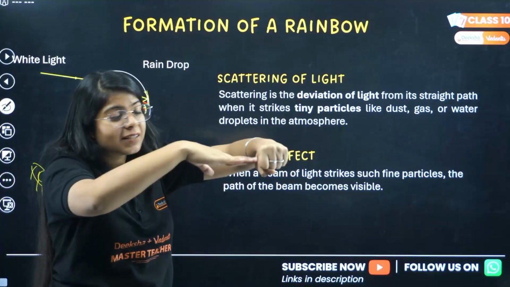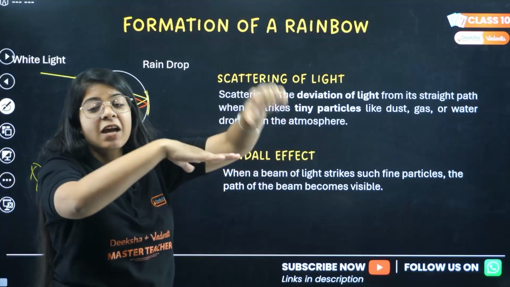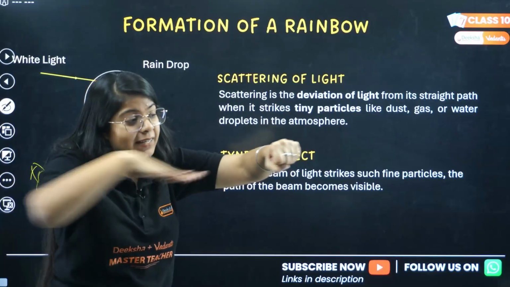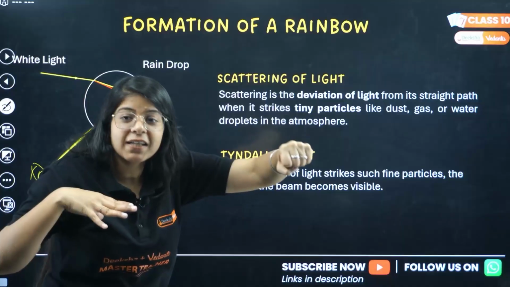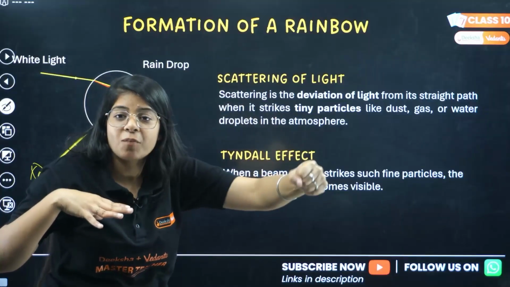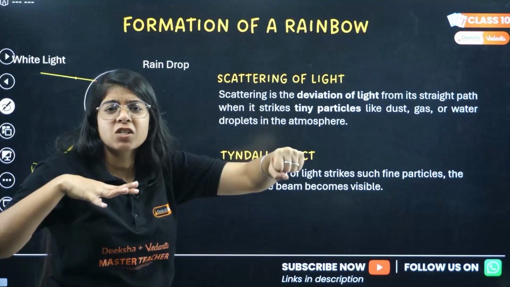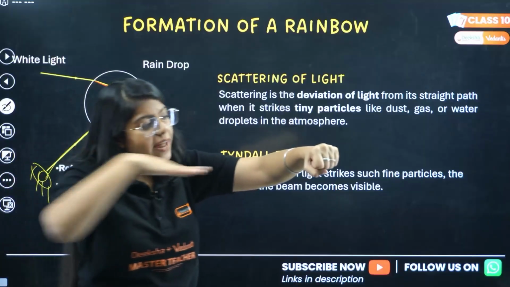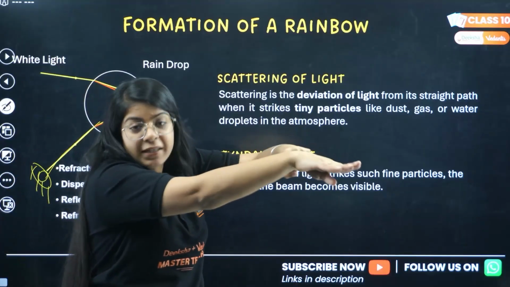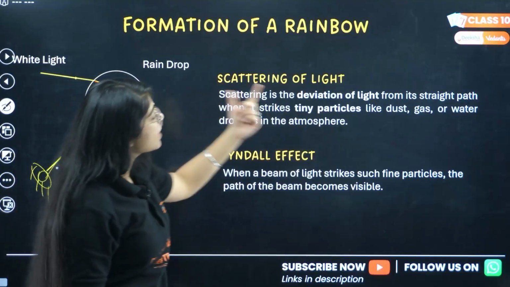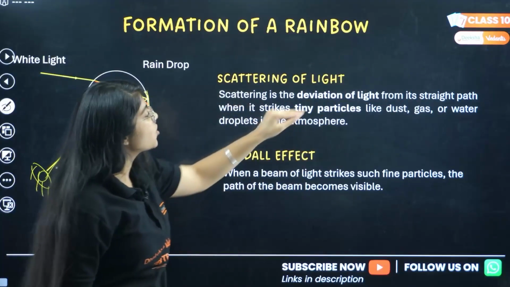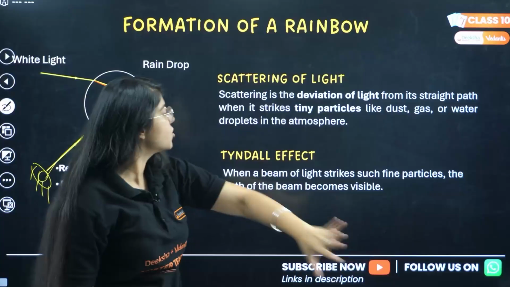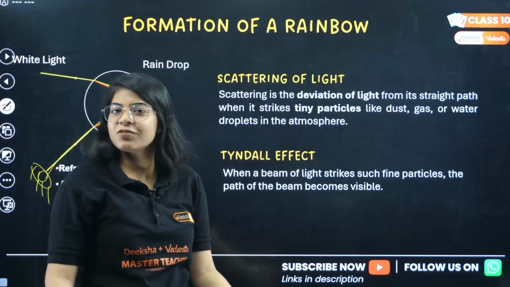So when the light is traveling in a straight path and it strikes some particles like gas, oil droplets, dust particles in the air, its path gets deviated. So scattering is the deviation of light from its straight path when it strikes tiny particles like gas, dust or water droplets in our atmosphere.